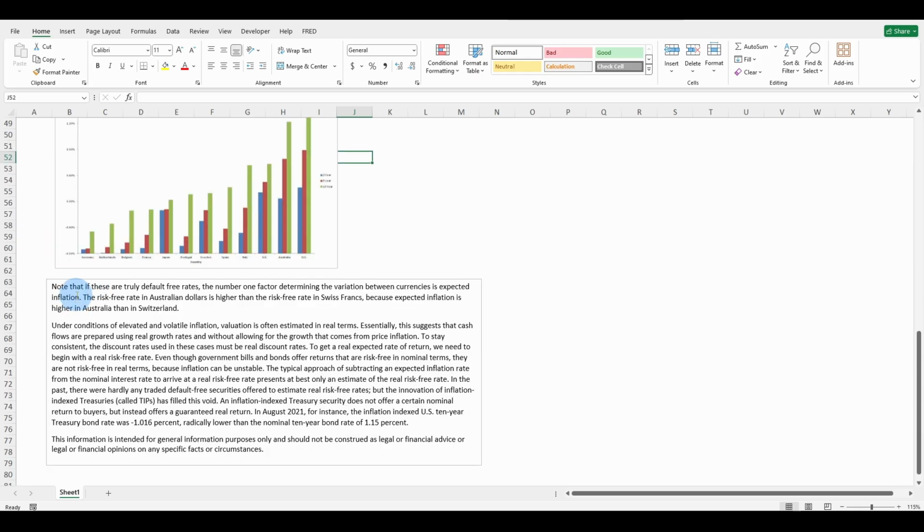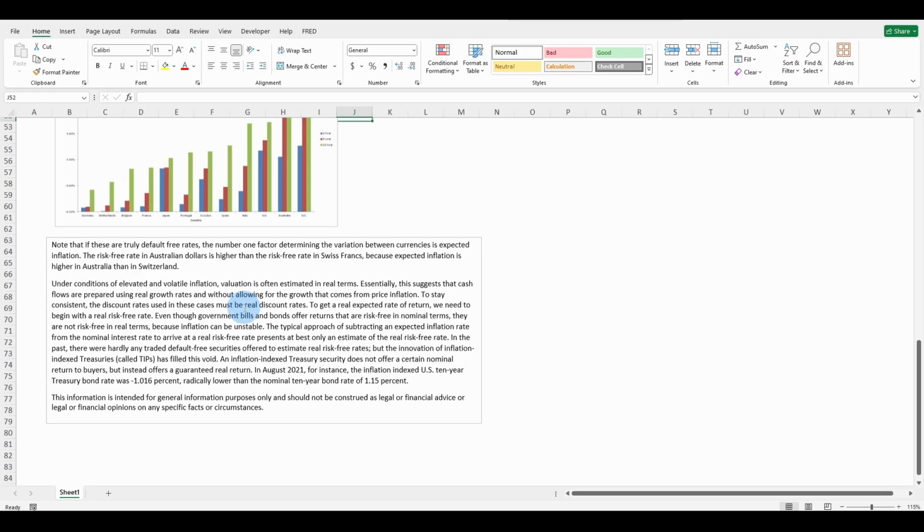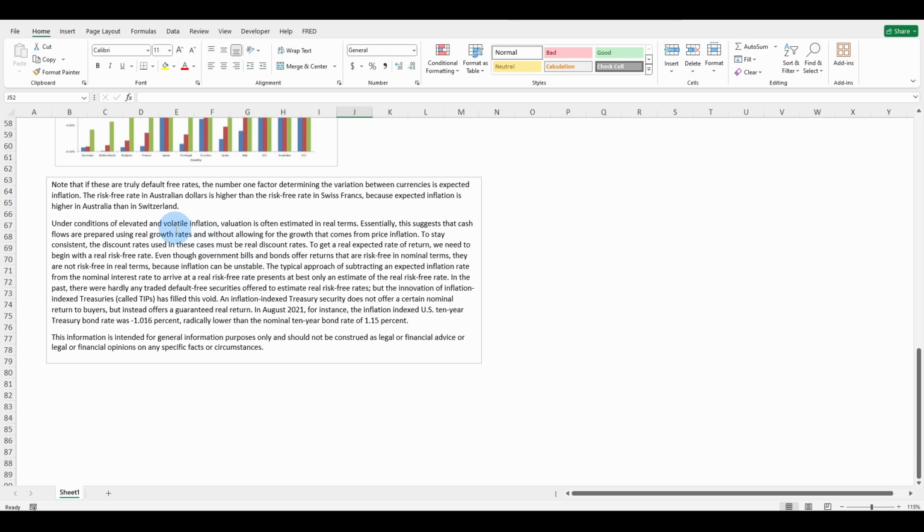Note that if these are truly default-free rates, the number one factor determining the variation between currencies is expected inflation. The risk-free rate in Australian dollars is higher than the risk-free rate in Swiss francs because expected inflation is higher in Australia than in Switzerland.